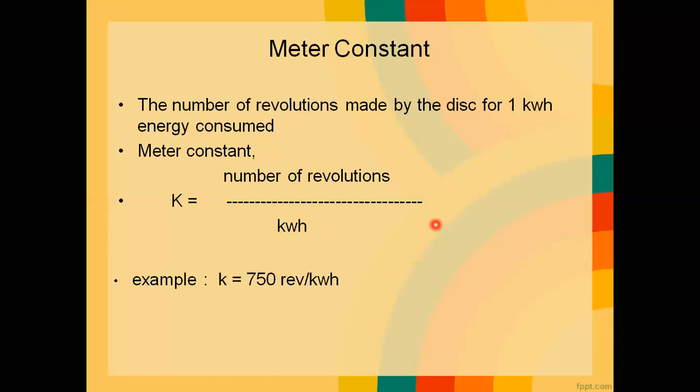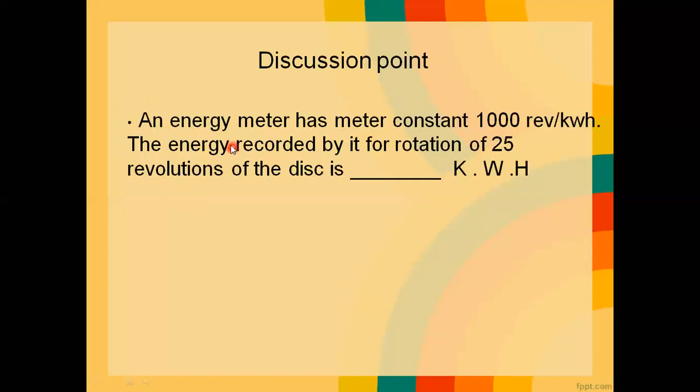Okay. Now we will go for an example of this K. Here K can be 750 revolutions per kilowatt hour. So let us solve a small problem here. Just try out this one. We have an energy meter with a meter constant of 1000 revolutions per kilowatt hour.